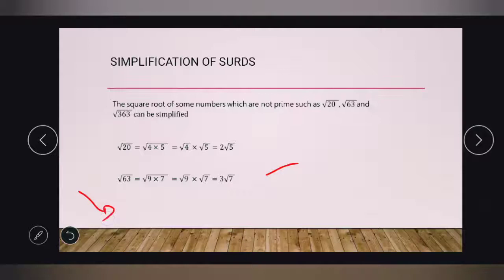Next, the square root of 363 equals the square root of 121 times 3 equals the square root of 121 times the square root of 3 equals 11 the square root of 3.